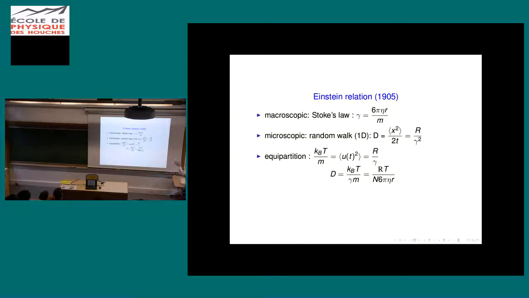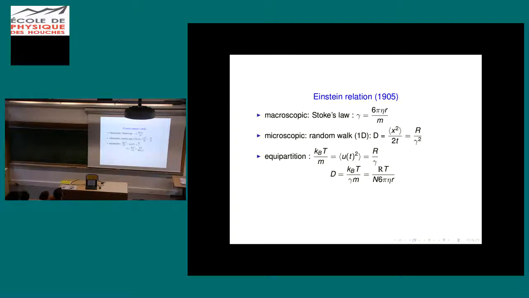If you put all this together, and you observe the diffusion coefficient, this is the gas constant, and here you have Avogadro's number, how many particles are in 1 mole. So if you can measure the diffusion coefficient and temperature, and if you know the radius, then you can actually obtain Avogadro's number.